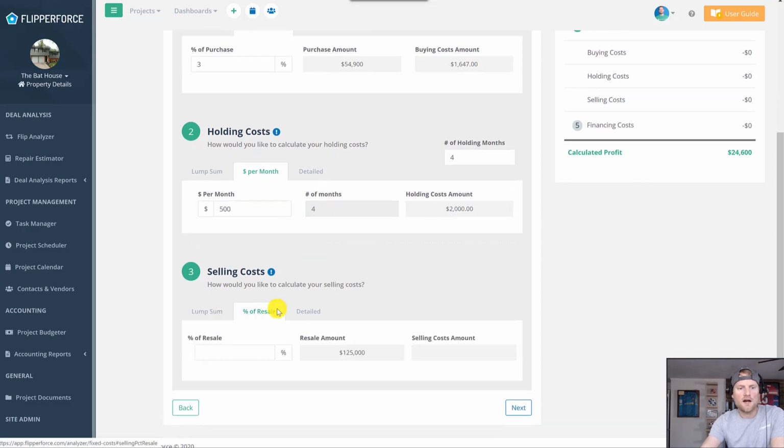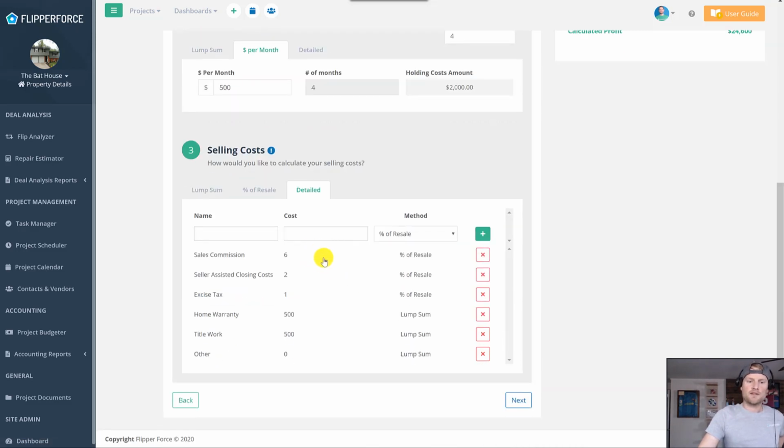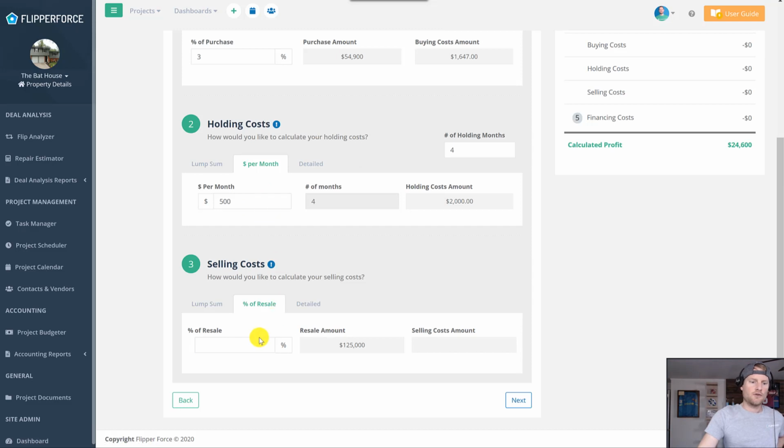And then selling costs, again, we've got the lump sum option, percent of resale, and detailed. With detailed, you can break down all of the options here, or you can just do a percentage of the overall resale value. The selling costs are typically between 6 to 9% of the resale value if you're using a real estate agent to sell your property.